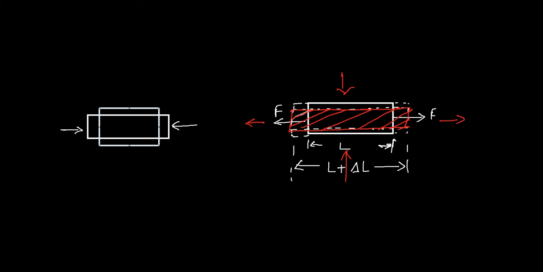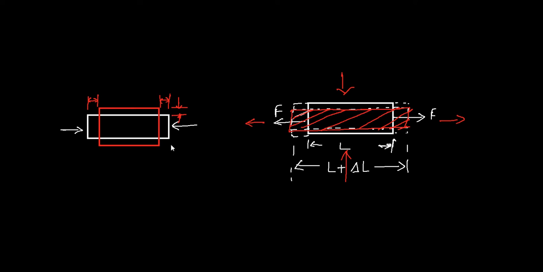Again, the change in dimensions is greatly exaggerated just for the purpose of explanation. So you have a contraction in length on either side, and to compensate for that contraction, you have an expansion on the other axis.